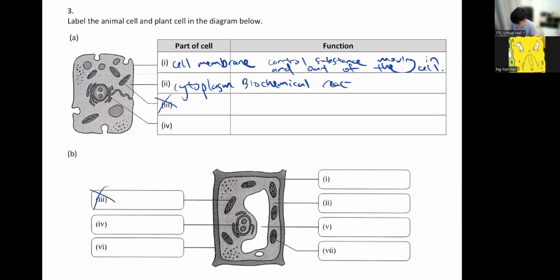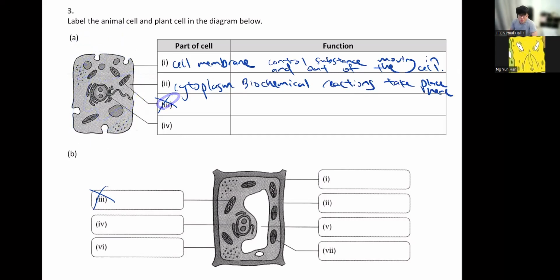Biochemical reactions take place here. So what is a biochemical reaction? Biochemical reactions are all the reactions that happen in your body, right? Let's say your body is making enzymes, making hormones, digesting food, all the things. Okay, they will do everything. So this is where all the things happen here.